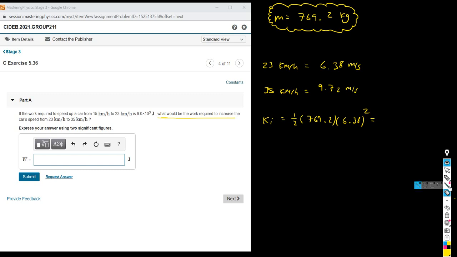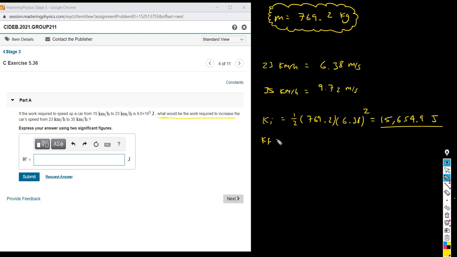This is going to be 15,654.9 joules. Okay, that is the kinetic energy of the car when it's going at this velocity.